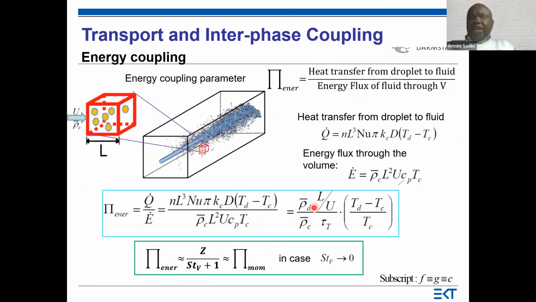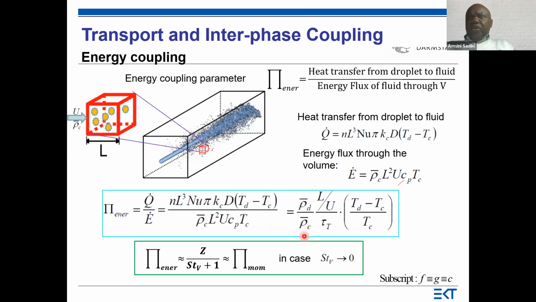So we get L divided by U, and we also have the thermal relaxation time we introduced due to this quantity here. And at the end, we have the difference of the temperature of the droplets and of the fluid phase divided by this quantity here, what we had.